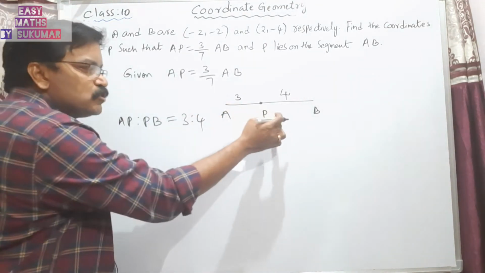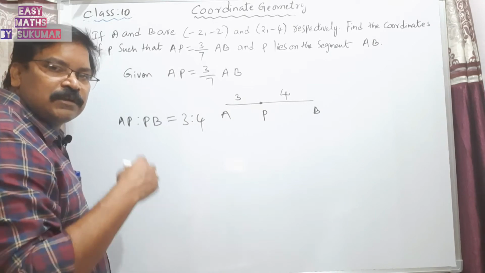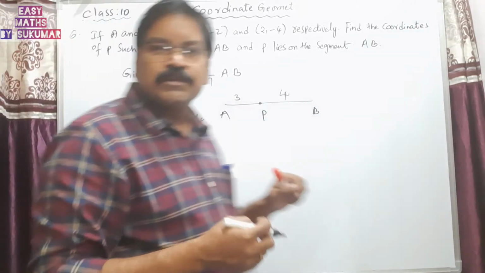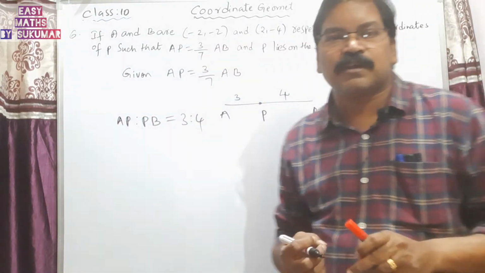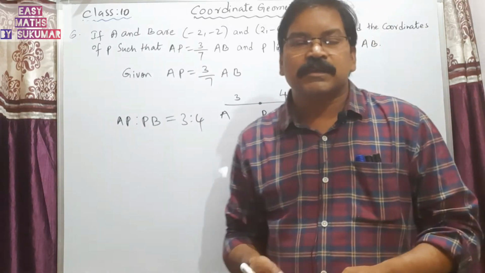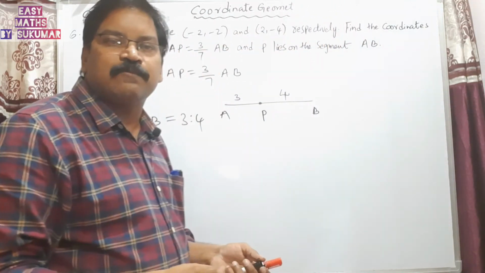Now we should find the coordinates of P. How do you find the coordinates of P, students? Just by using the section formula. What is the section formula? (m1 x2 plus m2 x1)/(m1 plus m2) comma (m1 y2 plus m2 y1)/(m1 plus m2).